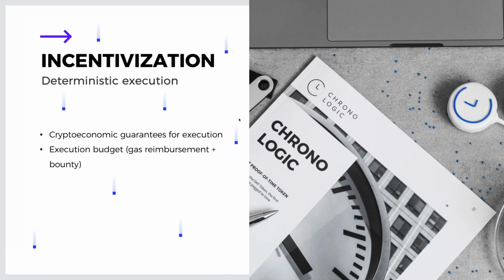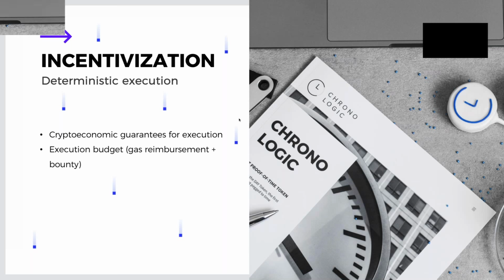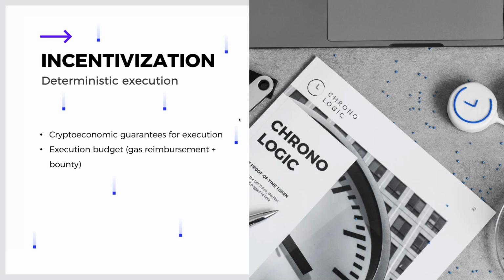So we're talking about crypto-economic guarantees, and that comes down to the amount of the bounty or reward set by the person who schedules, and the availability of the time nodes. Also here we're talking about the budget, especially in future execution, since you don't really know the gas price in the future, and you don't want to make those transactions not executable.